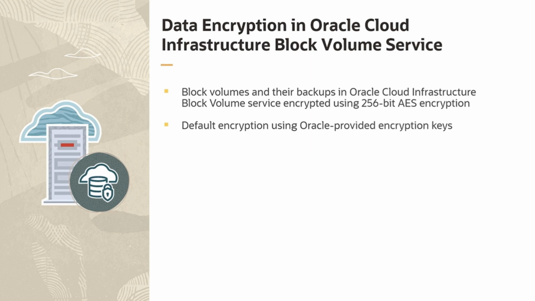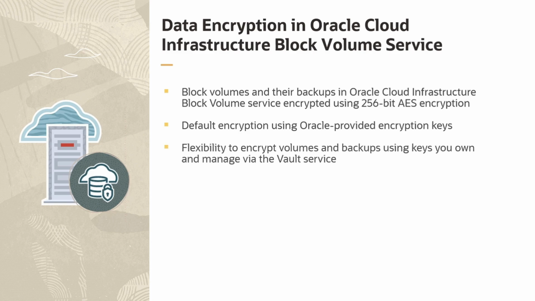Default encryption is performed using Oracle provided encryption keys. You have the flexibility to encrypt volumes and backups using keys you own and manage via the Vault service. Unassigning a key from a volume reverts to Oracle provided encryption keys.